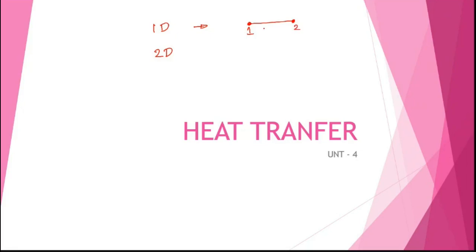So one element will have two nodal points. This is the only element we have in 1D. When you go for 2D, you have a triangle element, just like a CST element, which has three nodal points. First, let us concentrate on one-dimensional problems.